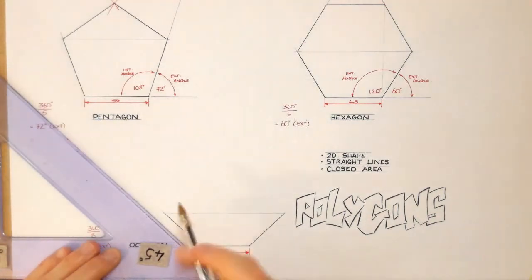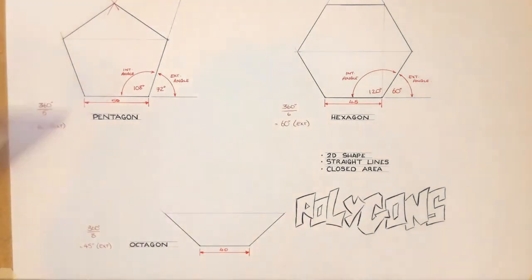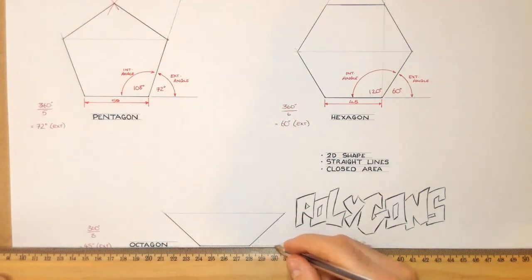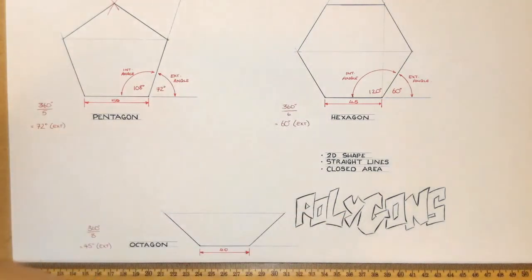Now I've got 3 sides of my 8-sided octagon, and now what I have to do is go up vertically, and I'll explain why in just a second. I'm just going to put in this bit of information as usual on the exterior and the interior angles.